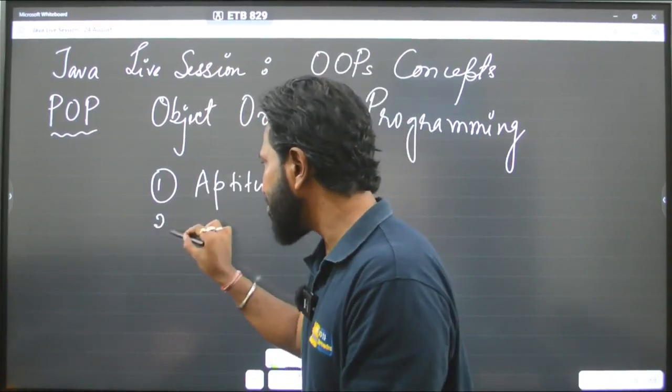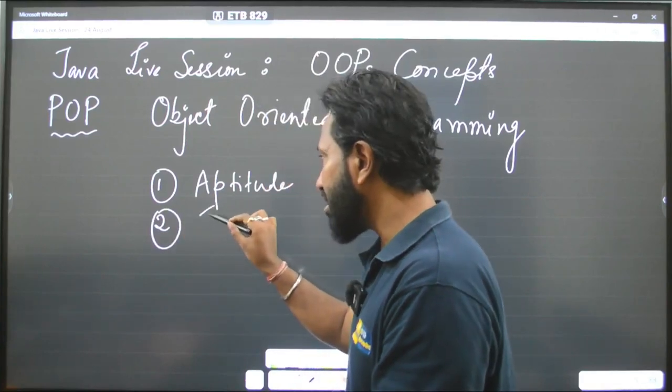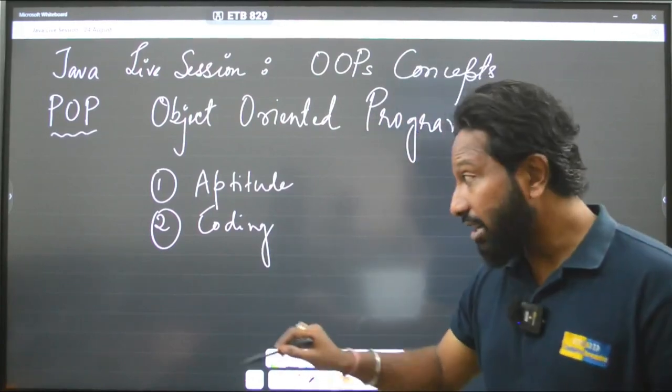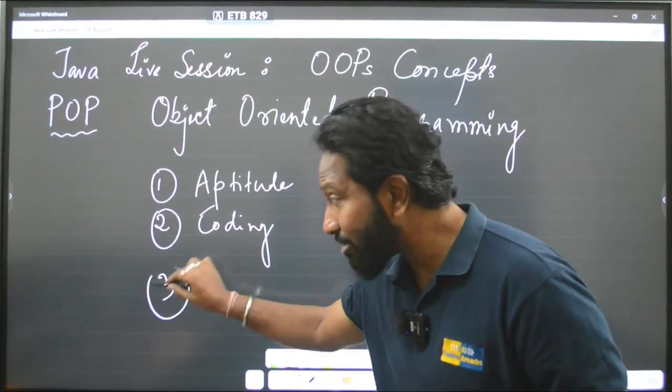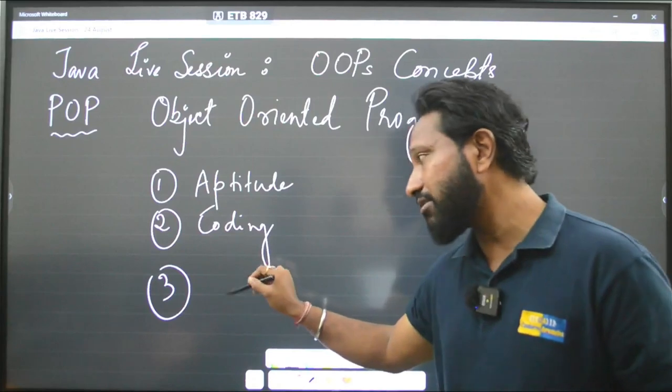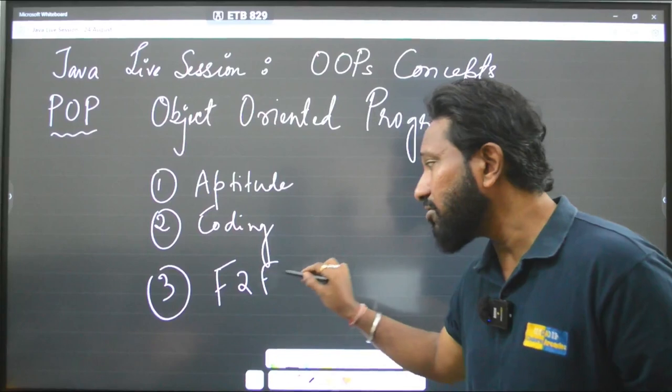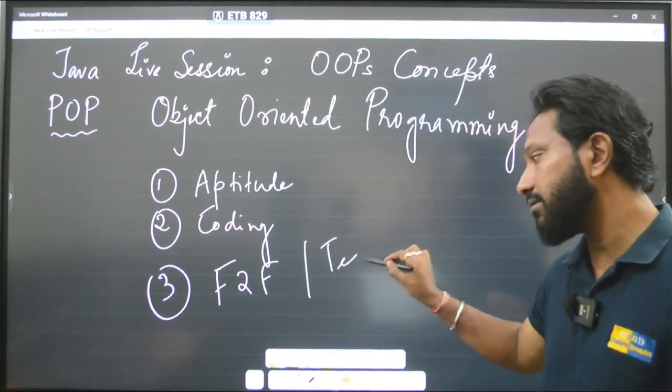Then after that, you will have your technical or coding round. After that, if you clear these two rounds, you will have the face-to-face round, where it will be totally technical.